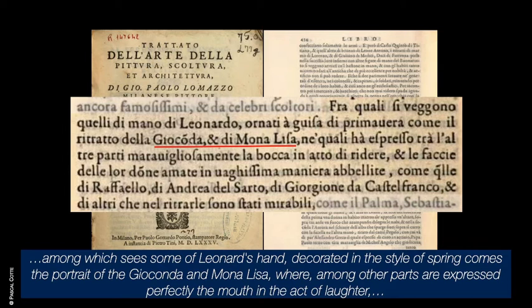The Gioconda portrait and Mona Lisa. Until now, it was thought that the hand was a typographical error and should have been an "and". But now we have a new element to evaluate the meaning of this hand.